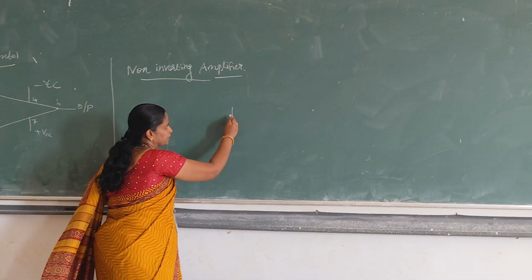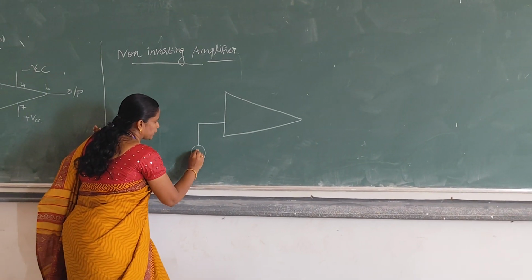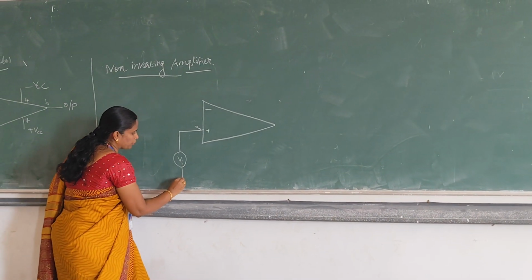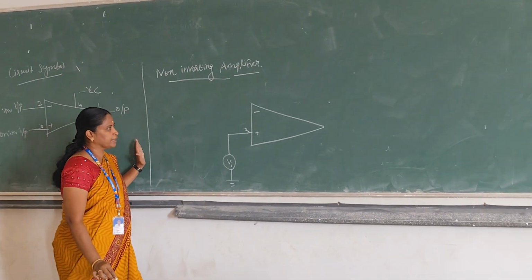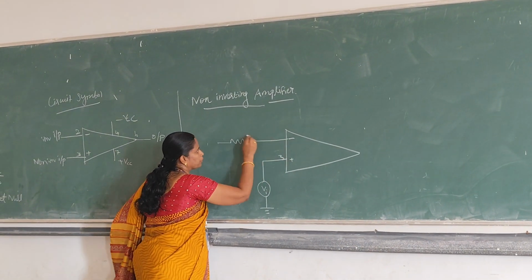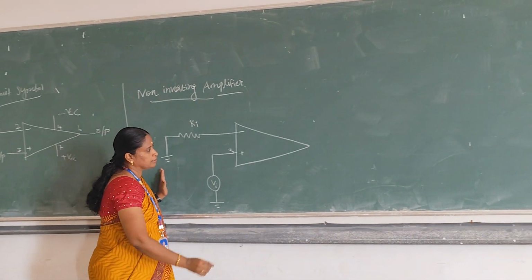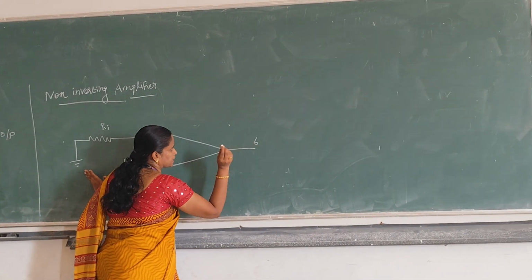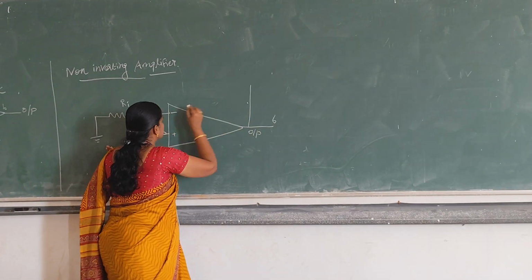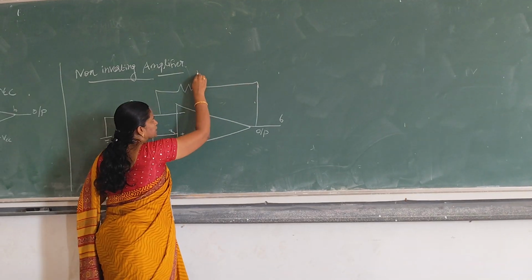As I said earlier, we have to give input to the non-inverting pin. Pin number 3 is the non-inverting input pin, so we give the input to pin number 3. The inverting pin is grounded through an input resistance Ri, and pin number 6 is the output terminal, with a feedback connection given through the feedback resistor Rf.